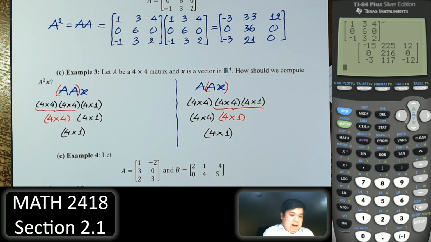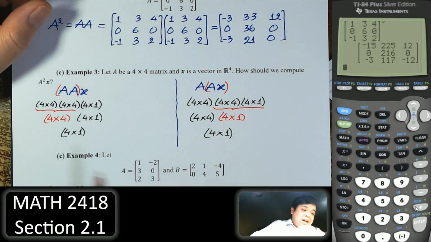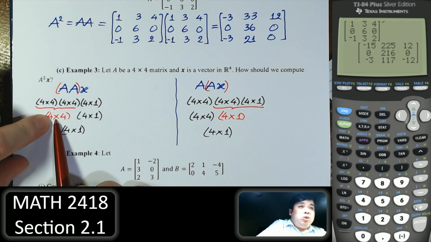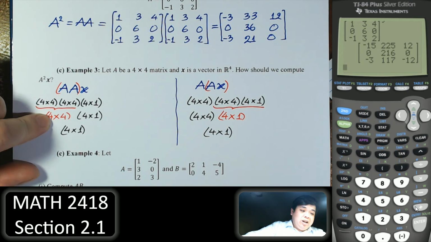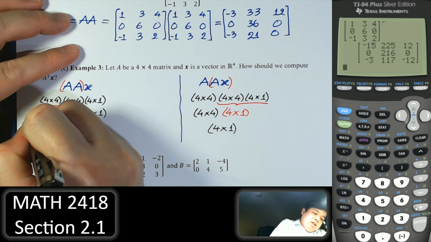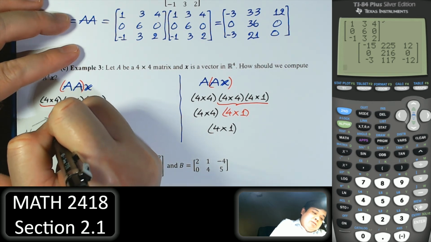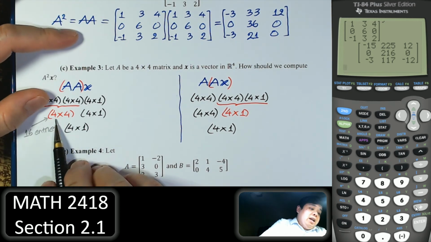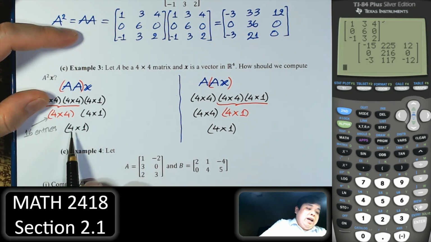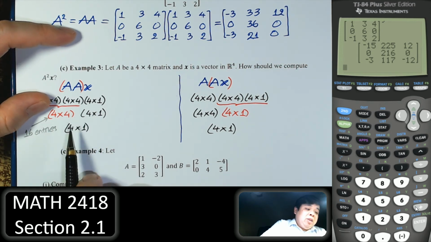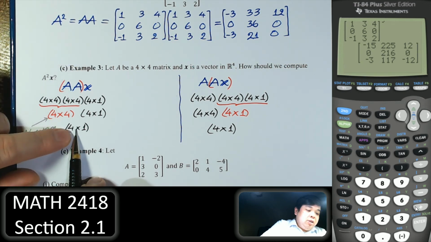Right. Now, notice that if we do this first, we end up with a 4 by 4 matrix. So we end up with 16 new entries that we have to calculate, and then we multiply that by x, and we have 4 more entries.